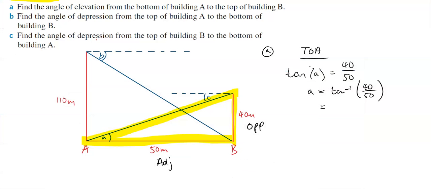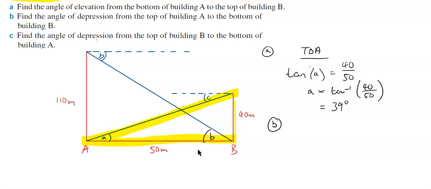So that's 39 degrees. Now for B, rubbing those out now because for B potentially have different opposites and hypotenuse, etc. So for B, we've got the angle of elevation there. Now we know that this height here is 110, or another way of writing it is that this is the same as B using alternate angles.